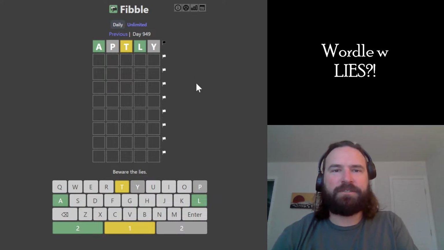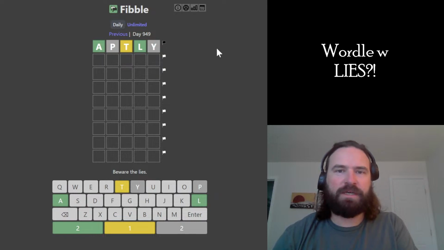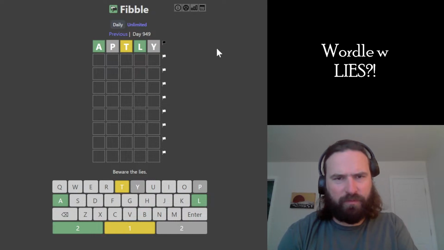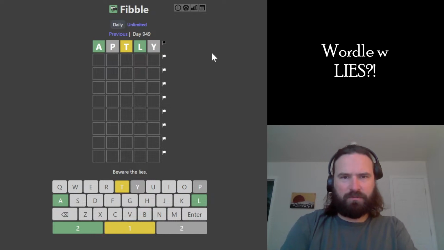Fibble's a word game that lies to you once a line. So one of these tiles in this first guess is the wrong color. I like to get 5 unique characters in right off the bat. We have 3 letters from that, but I'm still going to do 5 unique characters.